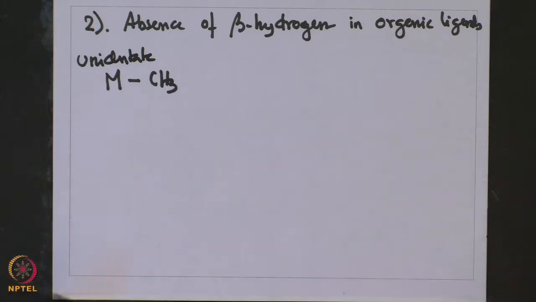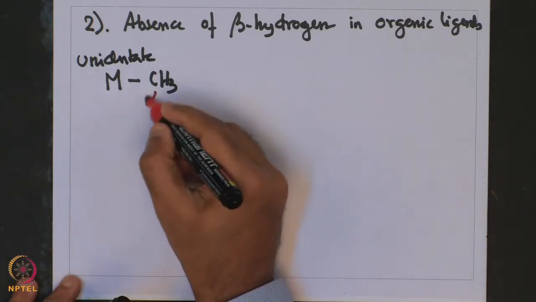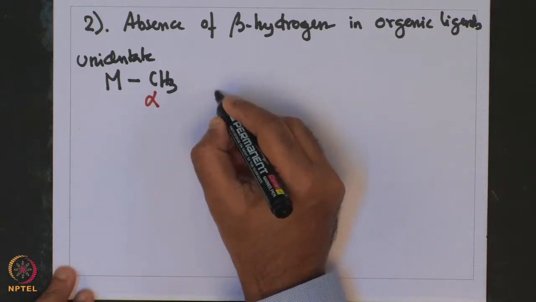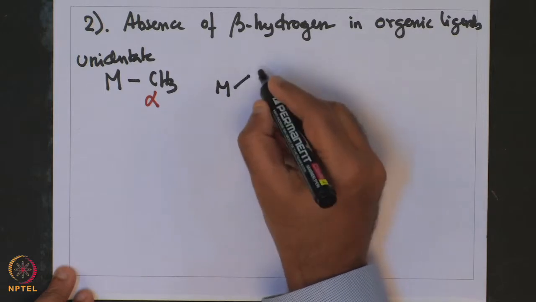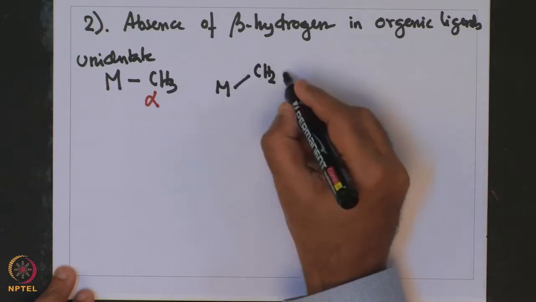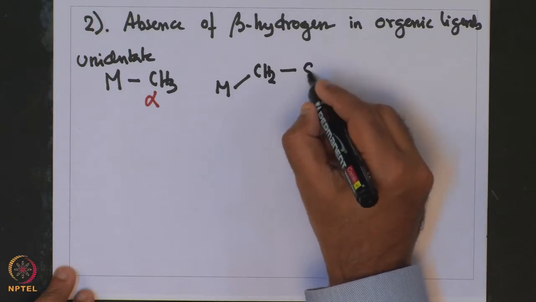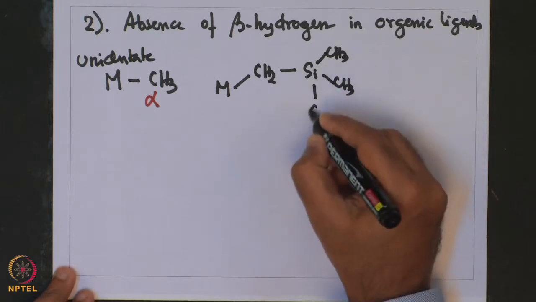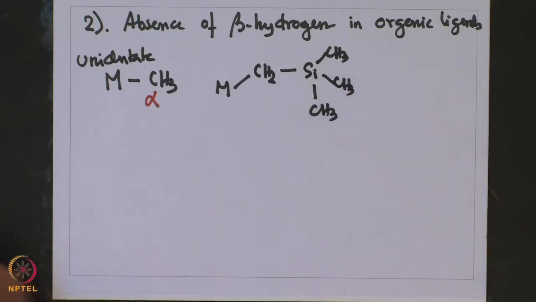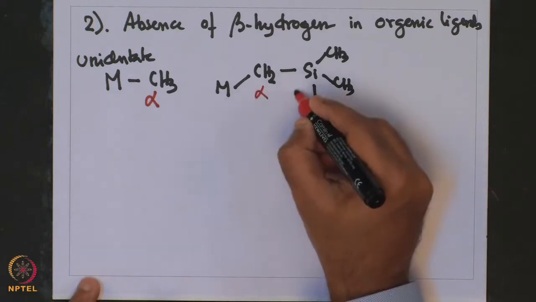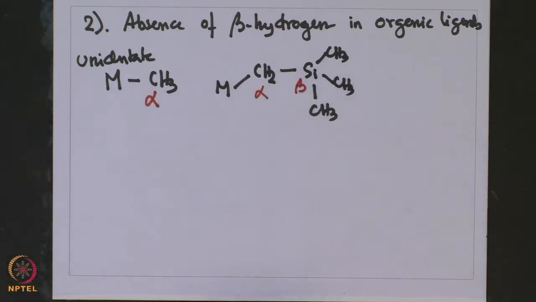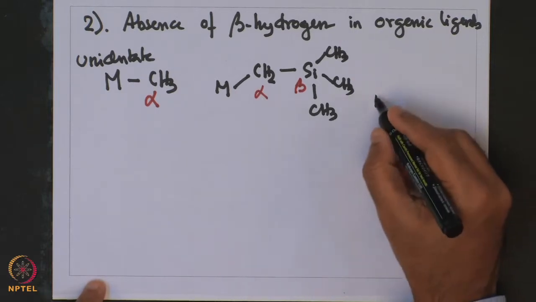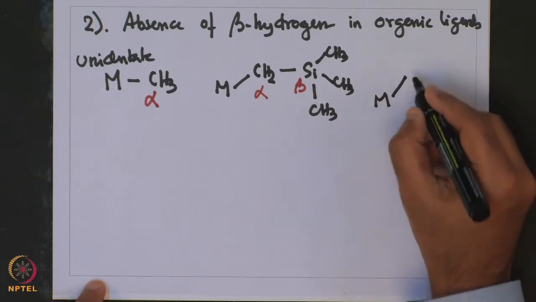So, the methyl moiety has only alpha hydrogens; there is no beta hydrogen for it to eliminate. One can have this CH2TMS group. This also does not have a beta hydrogen for it to eliminate, hence the beta elimination pathway would be unfavorable. One can have a benzyl group.